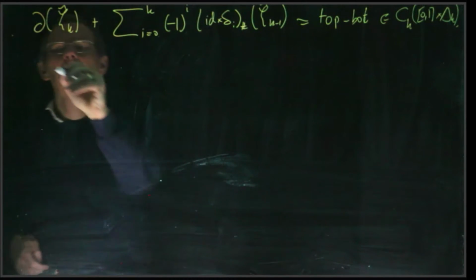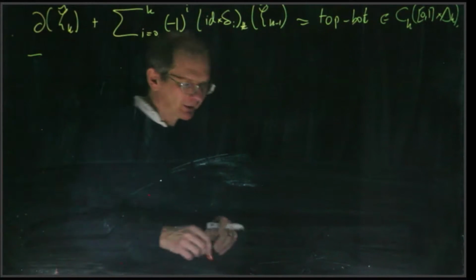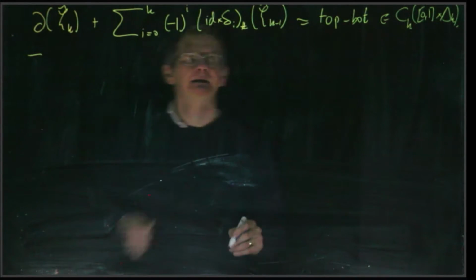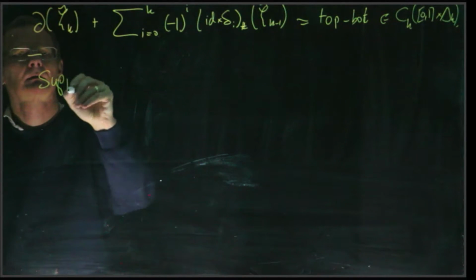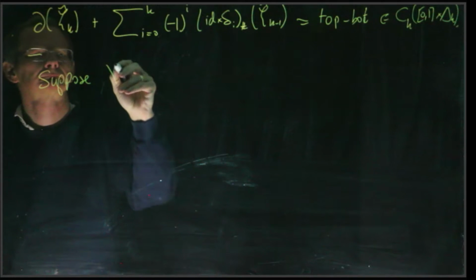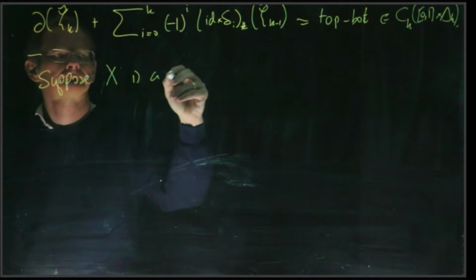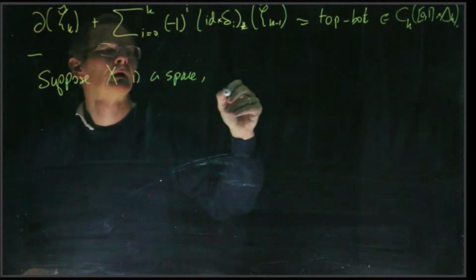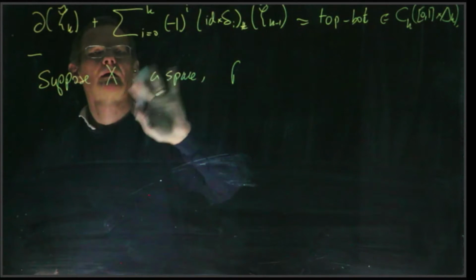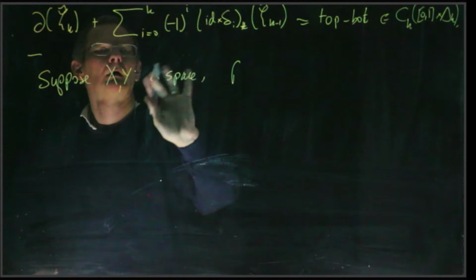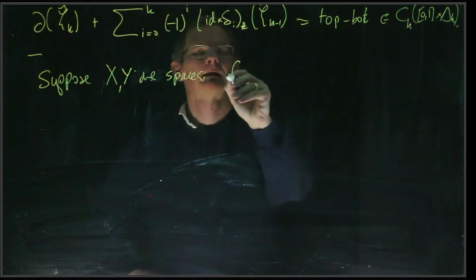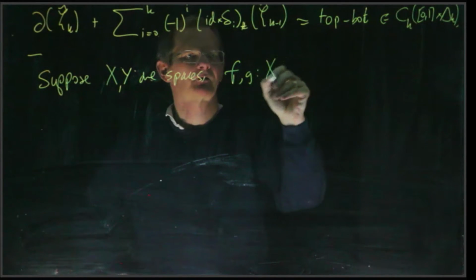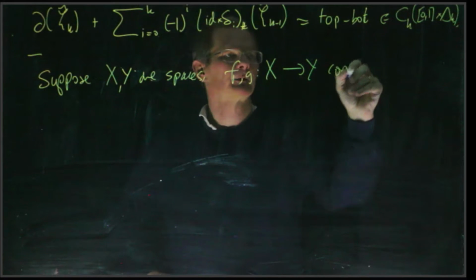Okay, so now let's go back to topology. So we've got two spaces X and Y, and f and g from X to Y are continuous.